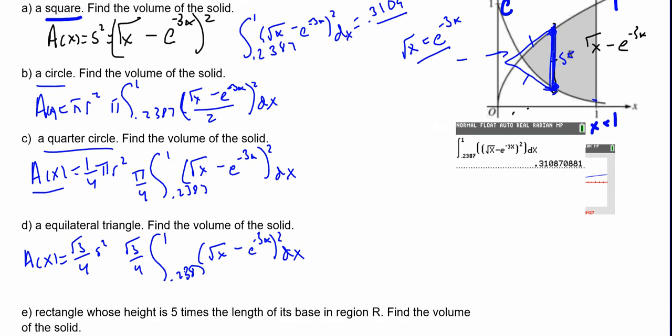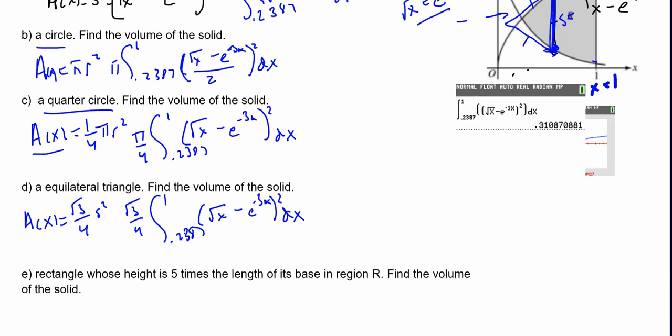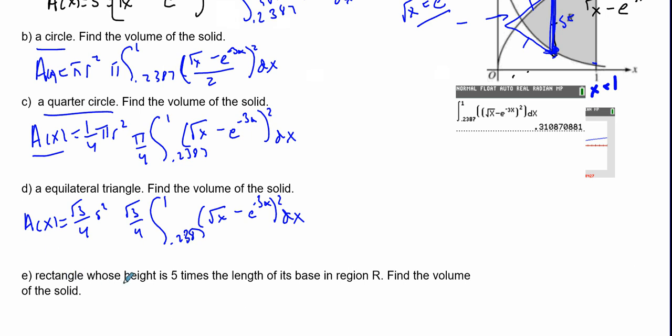Now, last one, a little bit more complex: we have a rectangle whose height is 5 times the length of the base. A rectangle, if you recall, is base times height.